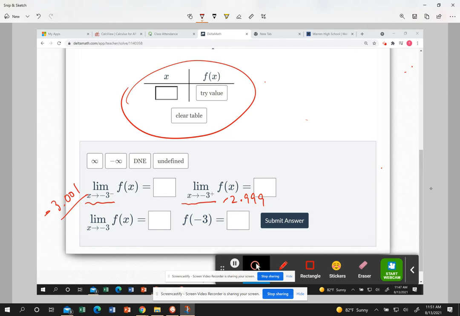Okay, so what is the meaning of this one right here again? If you don't have any signs or symbols, this means both sides. You need to check this answer, which is the left side, and you need to check this answer, which is your right side. And those answers must match.